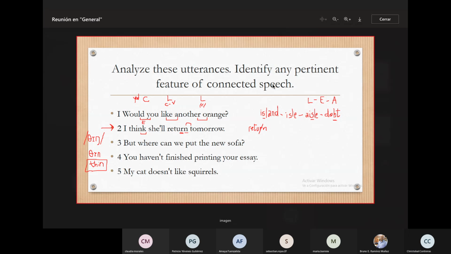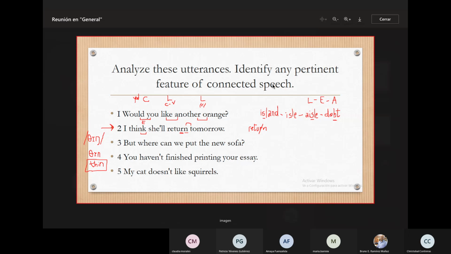It's unreleased. We don't say my cat doesn't. Right? So that t is unreleased. It's not plosive, but just there's a small pause, a small stop of the airflow.